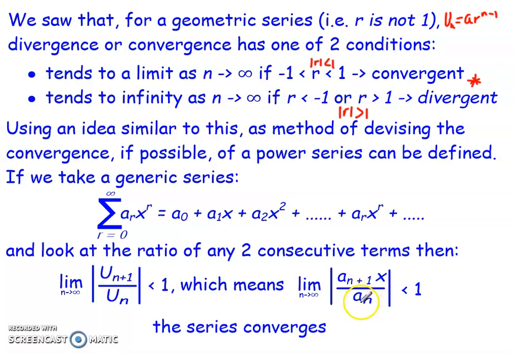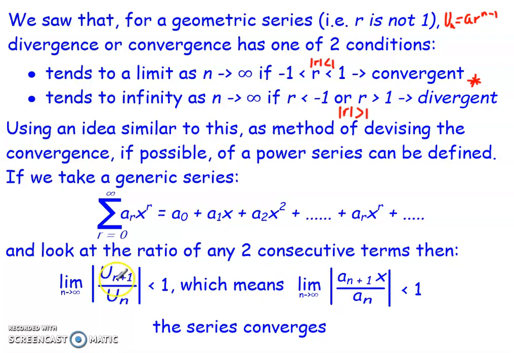Now we know that for that to have a limit, as n, the number of terms, tended towards infinity, i.e. we had more and more terms, we knew that as the magnitude of the common ratio was less than 1, we had a limit and the series converged. And that's the same principle we can apply here.